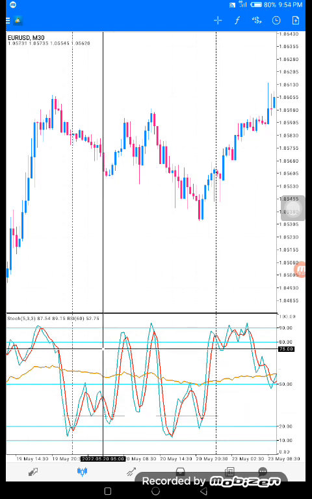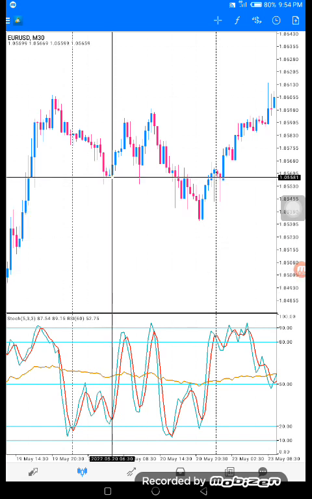Then the next crossover here, this is the candle where you enter your trade, because of the crossover below here. All this one you're looking for a buy setup, because the RSI is above the level 50.